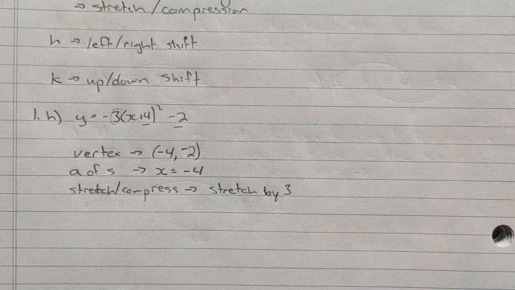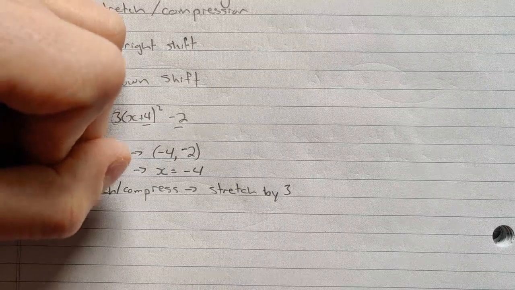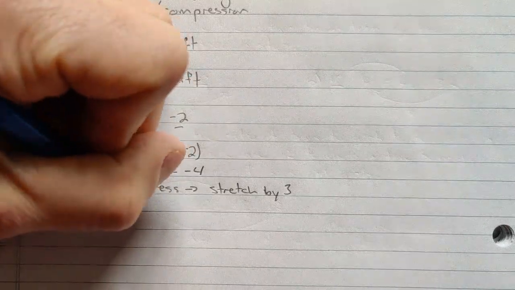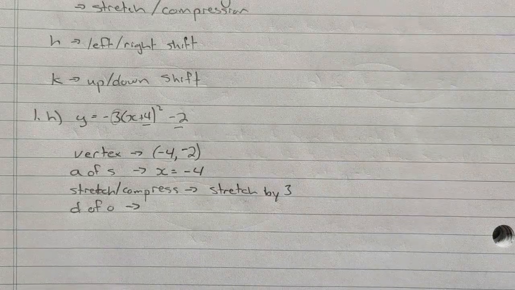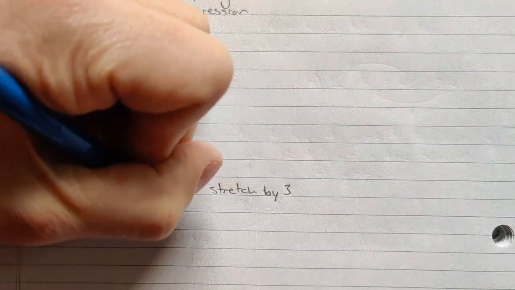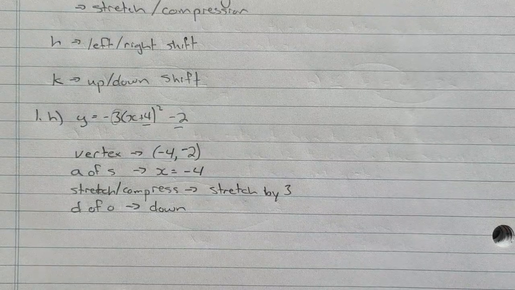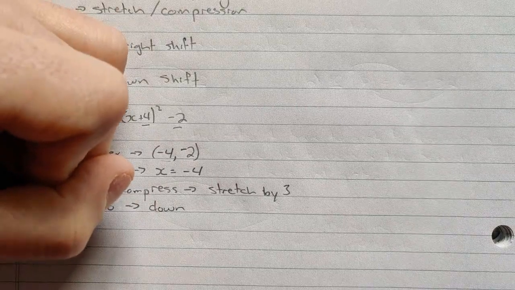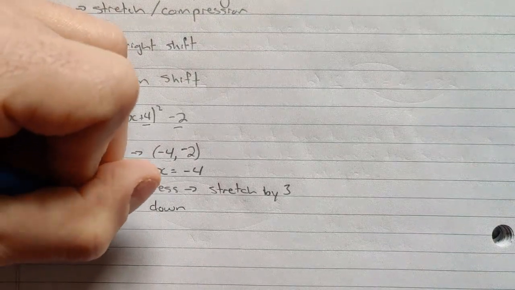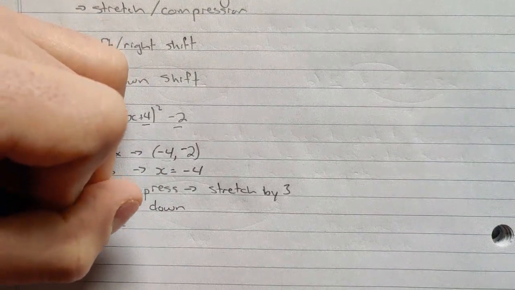The direction of opening: in this case, the graph has a negative a value, thus it's opening downwards. That U shape is going to get flipped upside down. And then the values of x, the values of y.